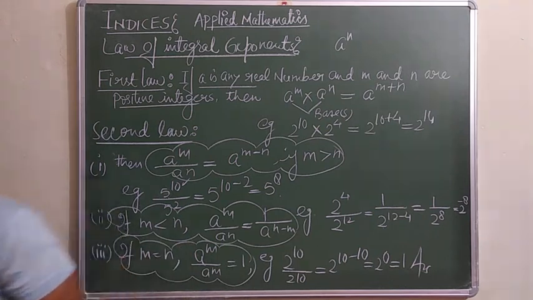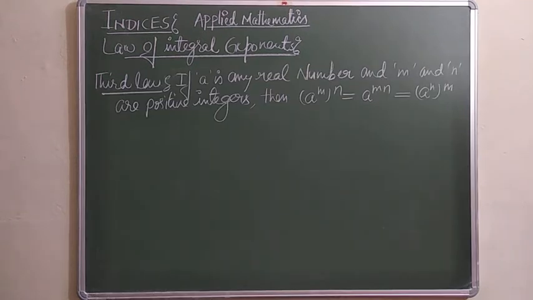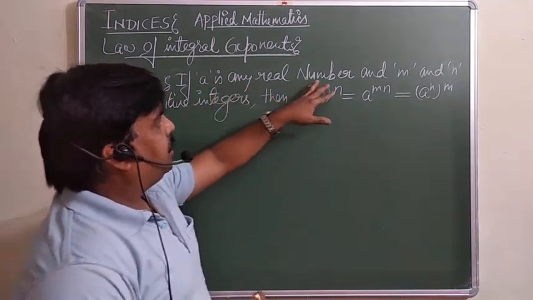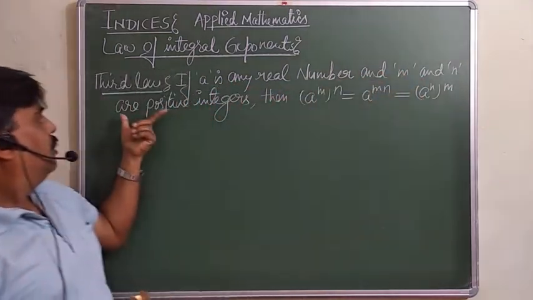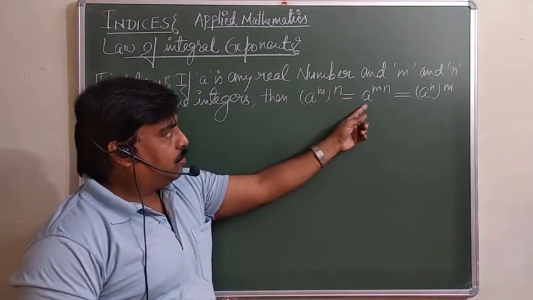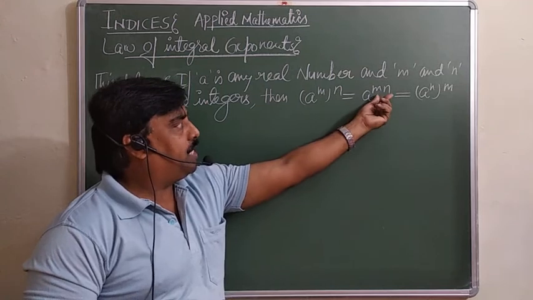Have a look. Yes, now the third law. If a is any real number and m and n are positive integers, then a raised to power m whole raised to power n is equal to a raised to power m into n. You have to multiply the exponents.